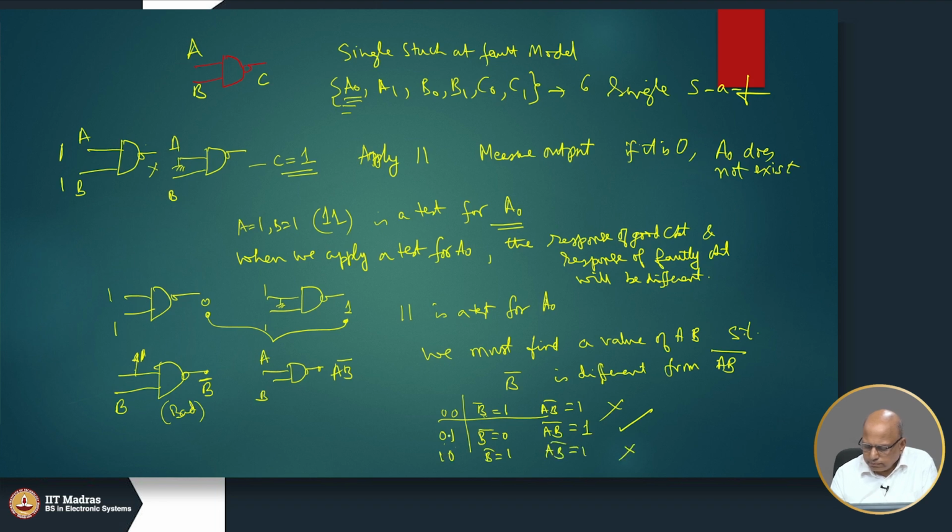So, this will not work. Finally, we have 1 1. So, B bar will be 0 and AB whole bar is also 0. So, this will also not work. So, the only test that will work is A is 0, B is 1. So, AB equal to 0 1 is a test for A stuck at 1. Is that clear?